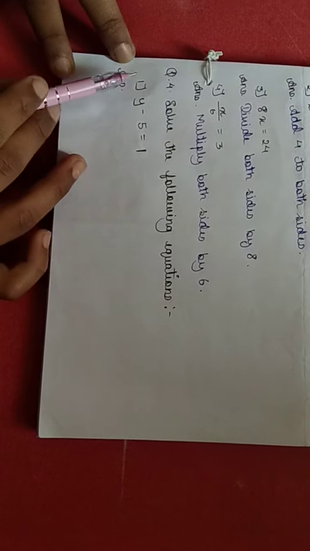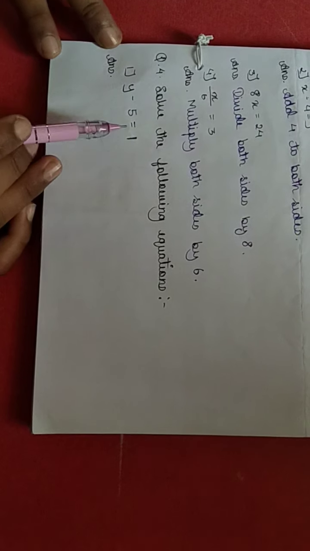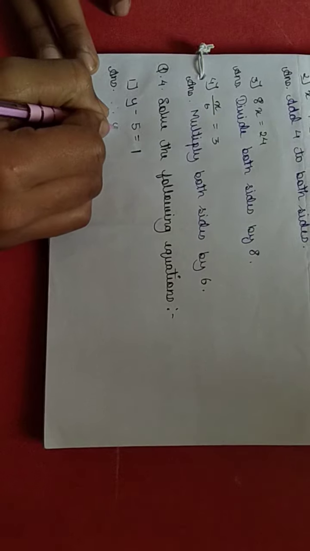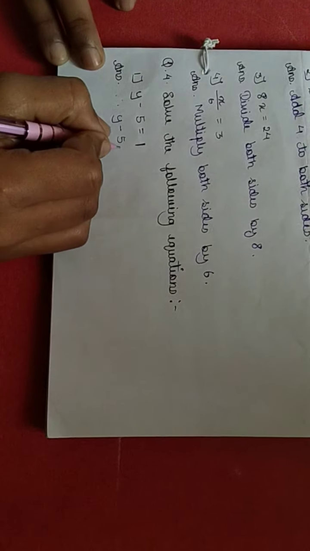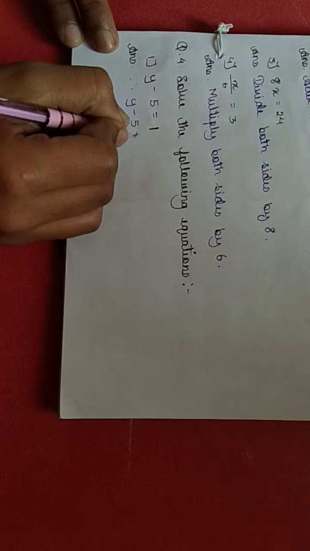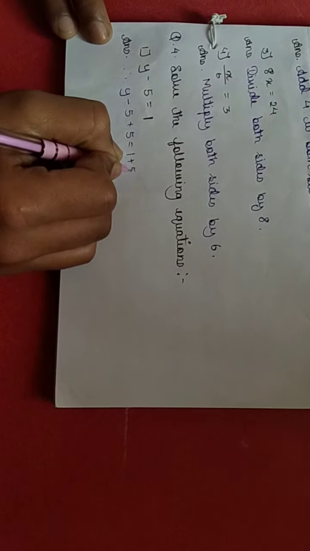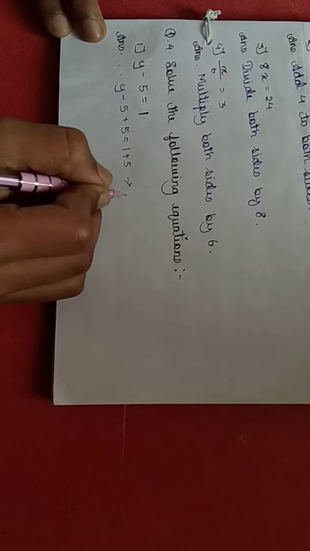Solve the following equations. First, y minus 5 is equal to 1. So we will write, therefore, y minus 5. The opposite of subtraction is addition. So we will write plus 5 is equal to 1 plus 5. Okay children, we have to write a statement here, one statement.